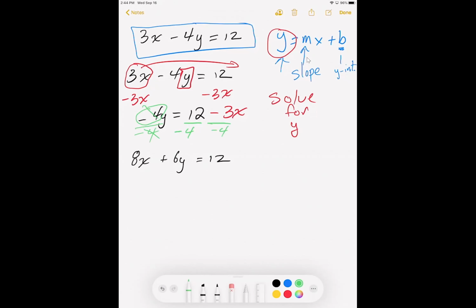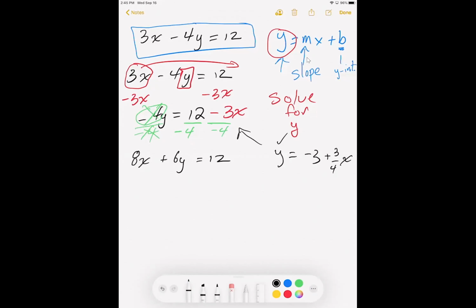You have the 12, divide that by negative 4; you have negative 3x, divide that by negative 4. So y is equal to negative 4 going into 12 gives negative 3, and a negative gives a positive, so 3 over 4 x. Everybody see that y is by itself.